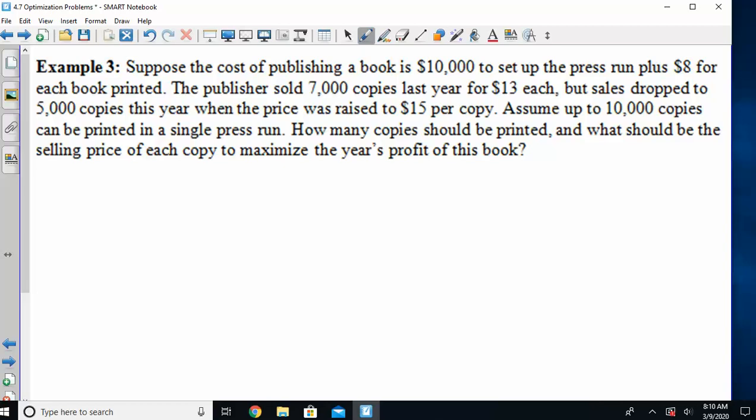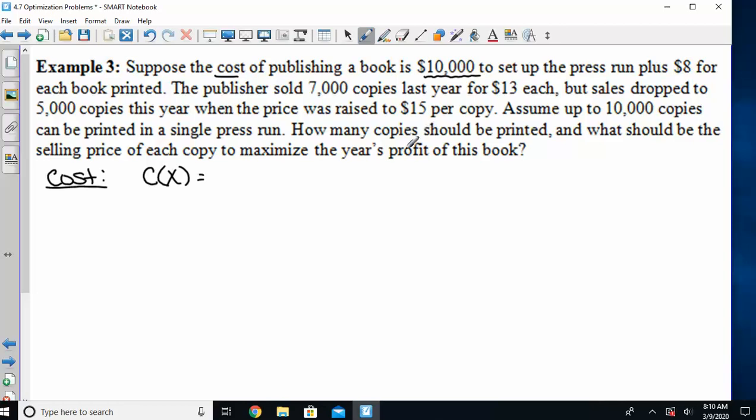Okay, so we have a lot of different information here. Let's start out. First thing I told you about was the cost. We could write an equation for this. C of x equals $10,000. Is that a one-time thing or a recurring fee? A one-time thing.